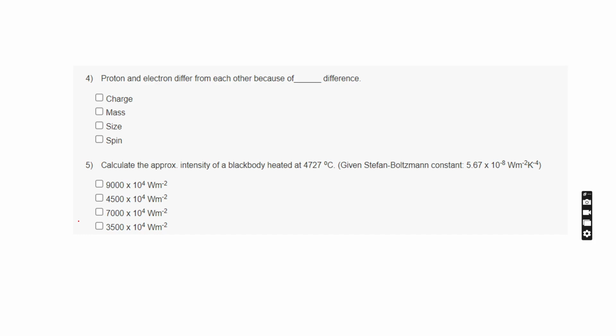What about the fourth question? Proton and electron differ from each other because of charge and mass, and size also. Now calculate the approximate intensity of a black body heated at 4727 degrees Celsius. So how to find it?